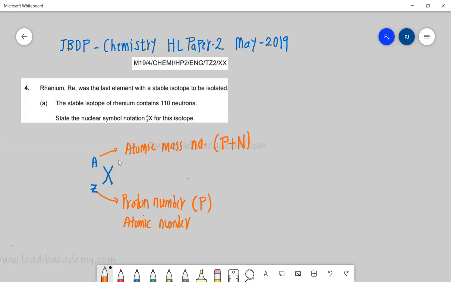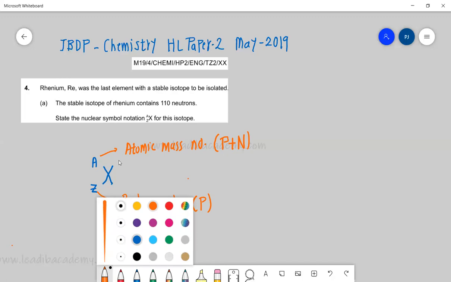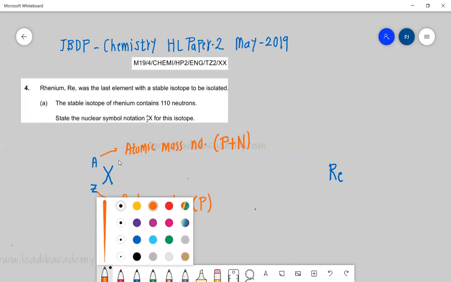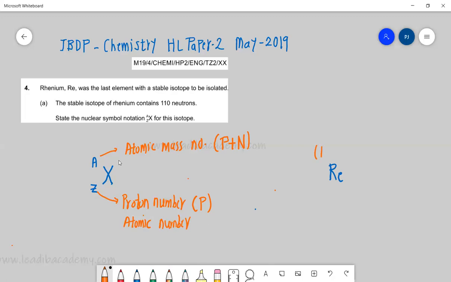So in case of rhenium, they have already given us that there are 110 neutrons. What about protons? No problem, we can refer to the data booklet, and you will find its atomic number is indicated as 75.